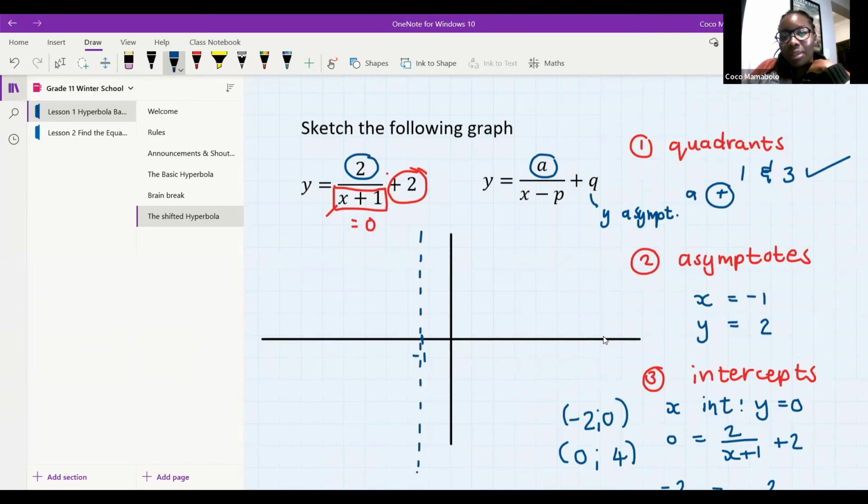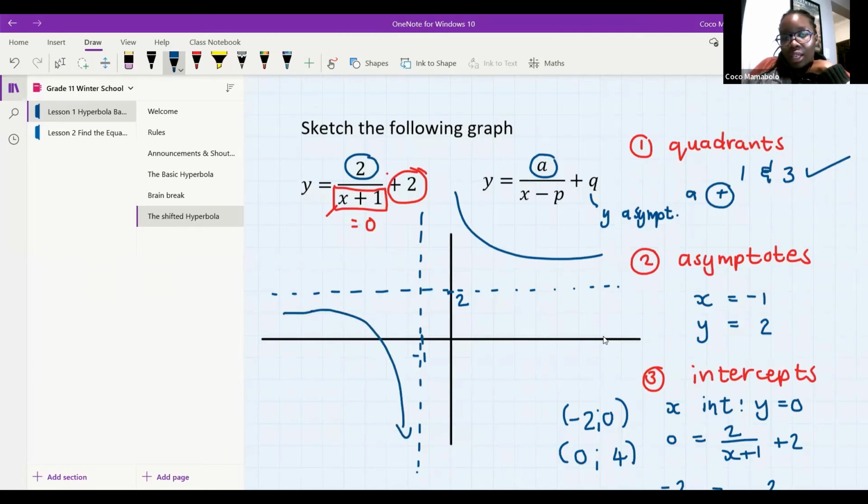And my y-asymptote is sitting at 2, all the way over there, at 2. And again, because I'm in quadrants 1 and 3, that means my graph is going to go like that, and like that.